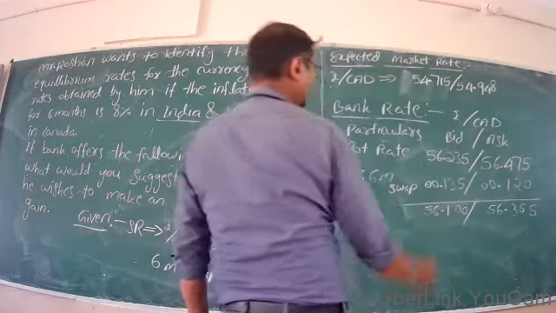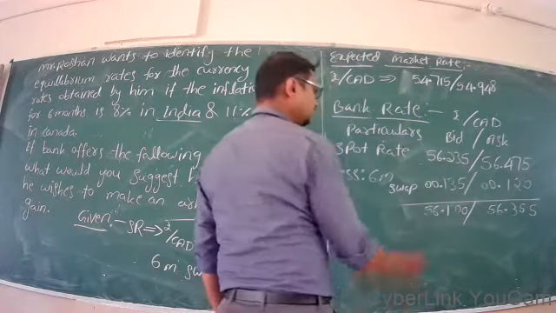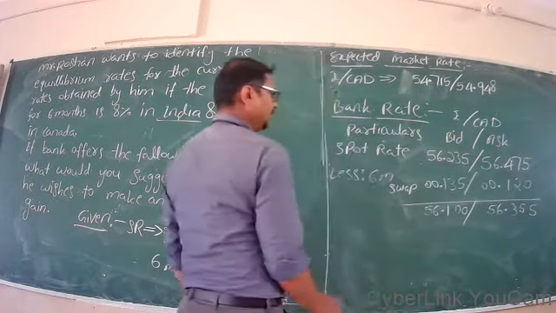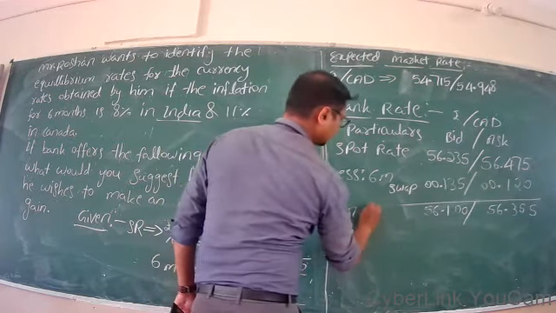So 56.100 oblique 56.355 is the 6 month forward rate.